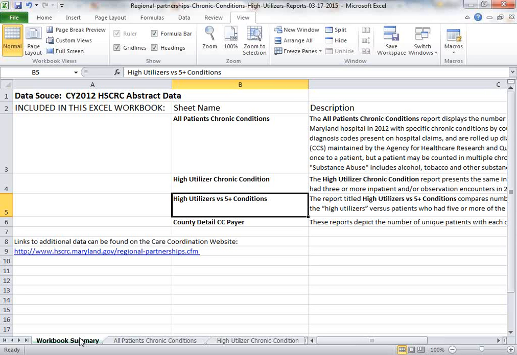Our next question is from Margaret Fowler. Margaret's question was, can this data be broken down by race to show disparities?